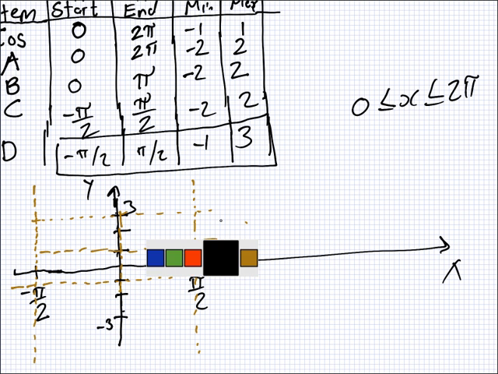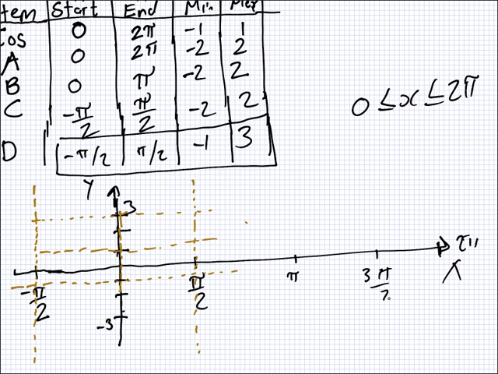Where do we need to finish? At 2π. So there's pi. There's 3π/2. And then here's, sorry, that's a bit ugly. That's 2π. And that's 3π/2. So, you know, copy, paste. Copy, paste.